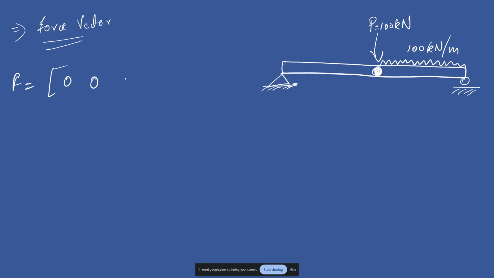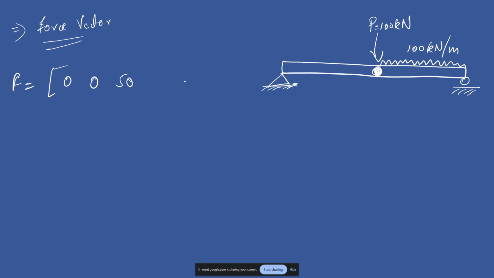So at this particular end you will be having the 150 from here. Then from here, it's minus WL square by 6. So the corresponding value is minus WL square by 12.